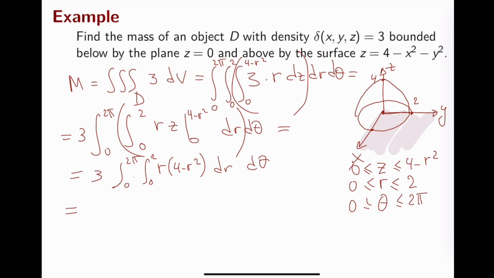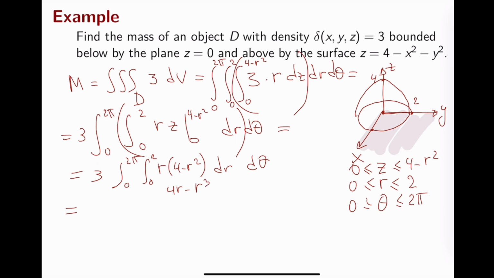Okay, so next thing will be to do this integral with respect to r. So let's do the multiplication here of these polynomials. So that will be 4r minus r cubed.